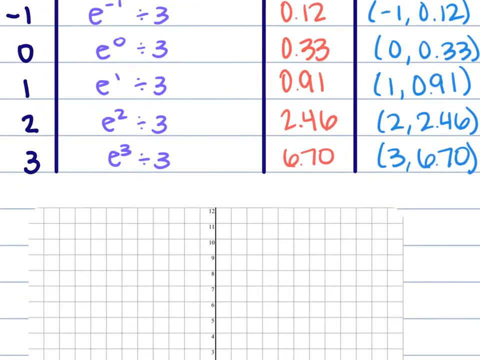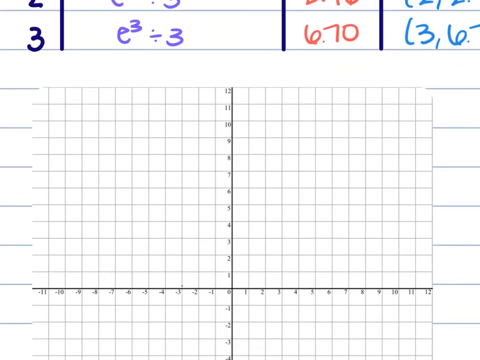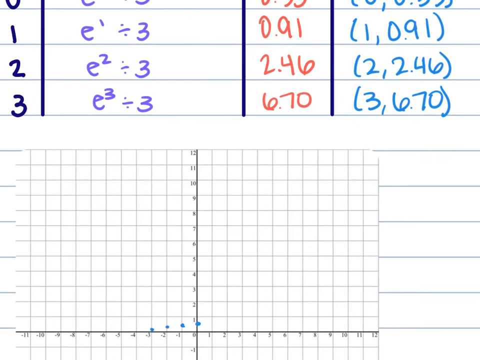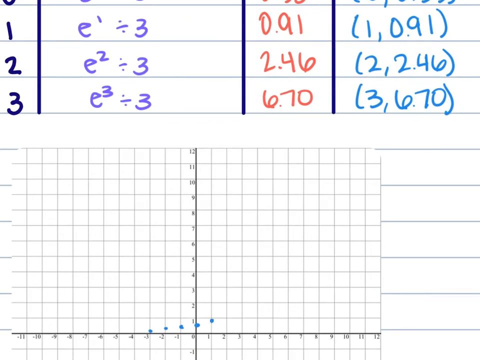So to graph these, I'm going to be really close to this x-axis. And then I'm going to go up from there, 2.46, about here, and then 6.7. So I'm going to get really close to this x-axis, but don't cross it. And then I'm going to go up from there.